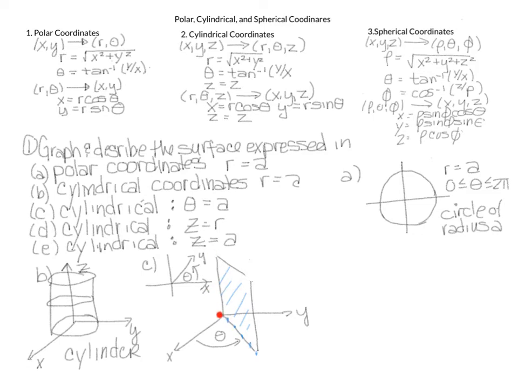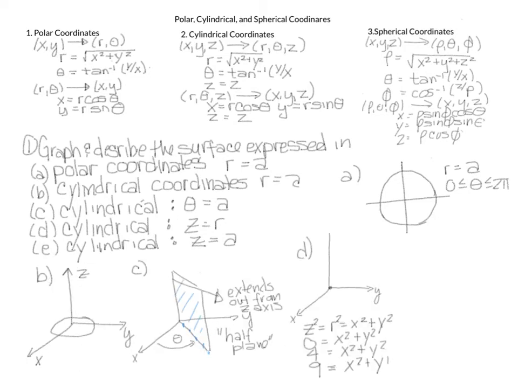So really we just want from the z-axis out, from r equals 0 to infinity, and z from negative infinity to infinity. We have this huge plane that satisfies the condition that theta is equal to some constant a. I am going to call this a half plane since it only extends out from the z-axis. If we go on the other side, negative r, then our theta is going to have to increase by 180 degrees.